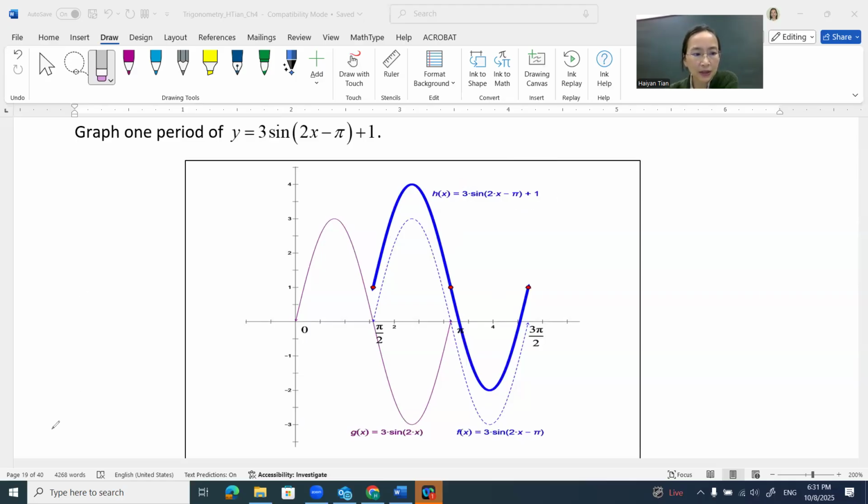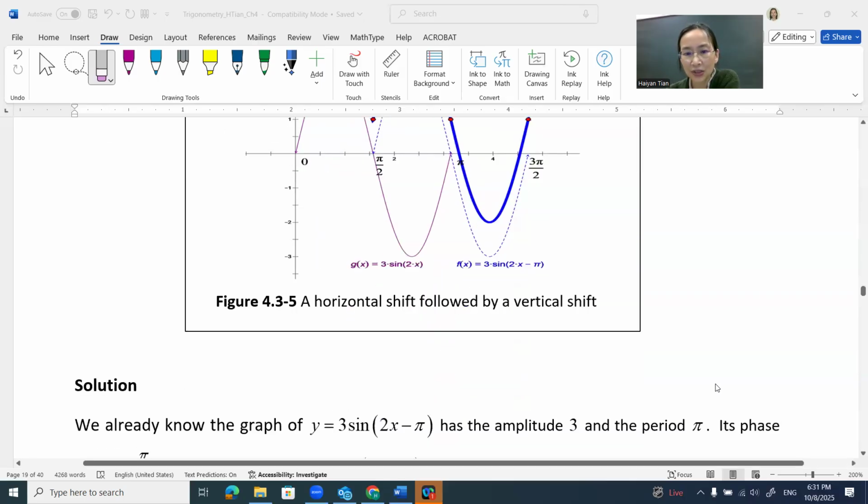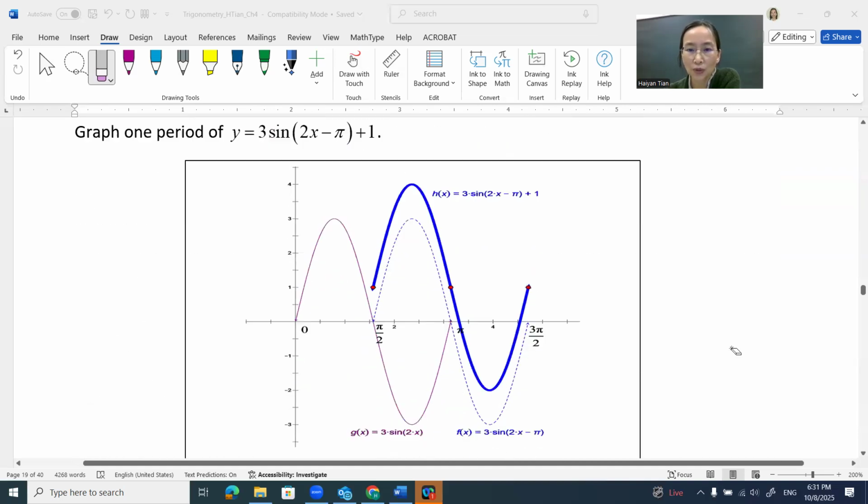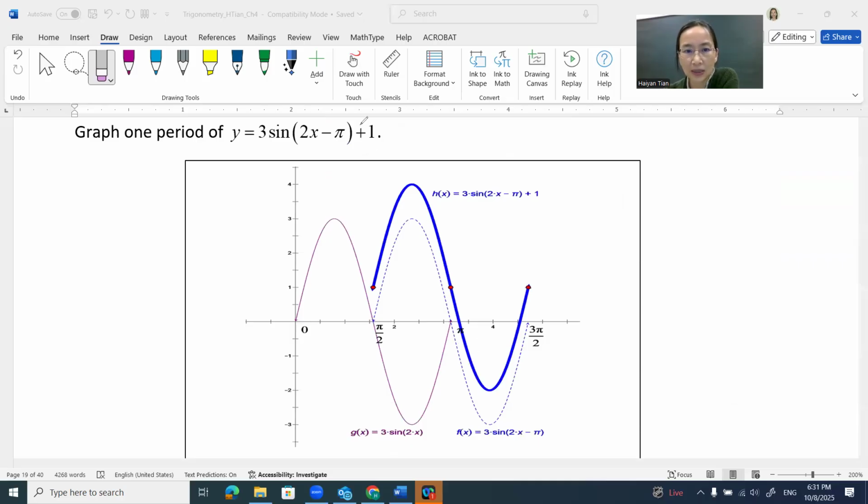And if it is negative, if you minus 1 instead of plus 1, then you can predict the resulting curve will be 1 unit lower than the dotted line. So it depends on this. If I change it to minus 2 instead of plus 1, what happens?